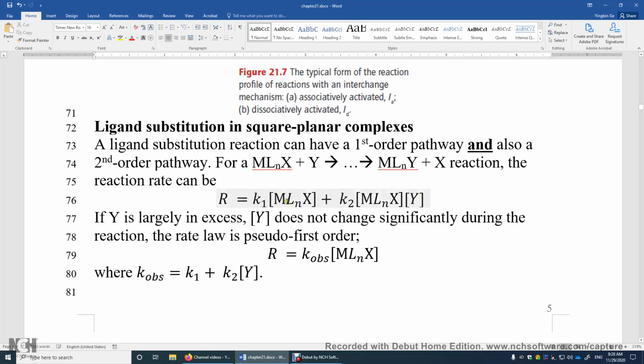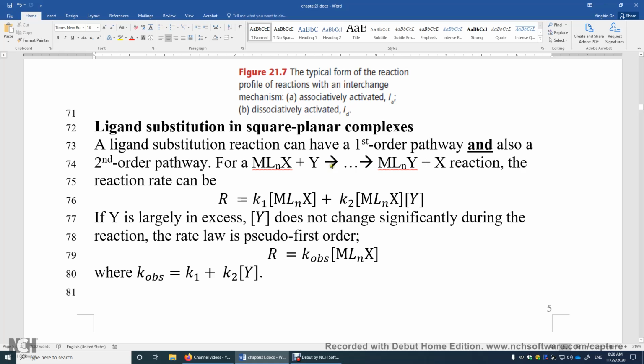Alright, so over here, I'm saying that the rate limiting step could be the bond breaking of M and X. And in this case, there's only one reactant in this rate limiting step. And also, we may have an associatively activated mechanism.